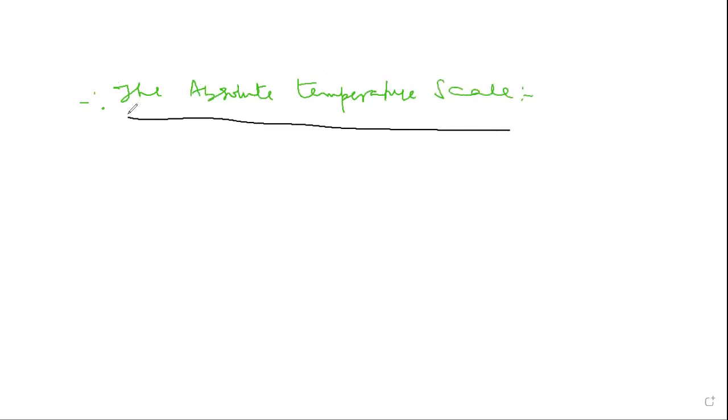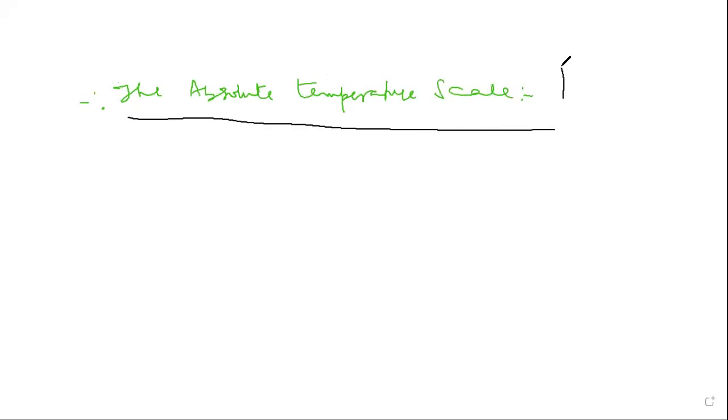Today my topic is first the absolute temperature scale. Absolute temperature scale is also called the Kelvin scale. Now how is this scale defined?